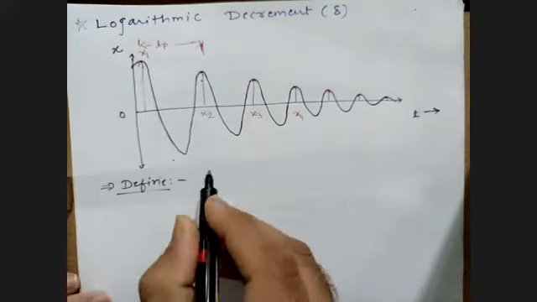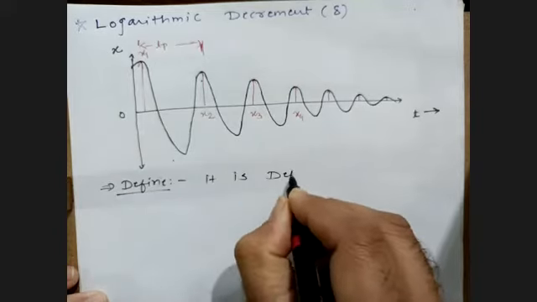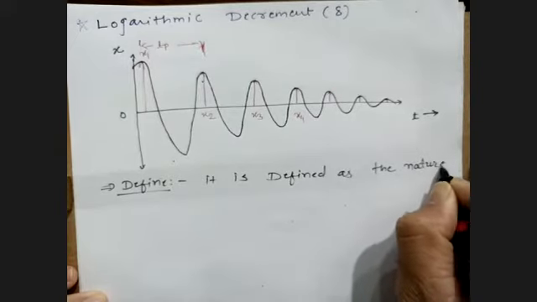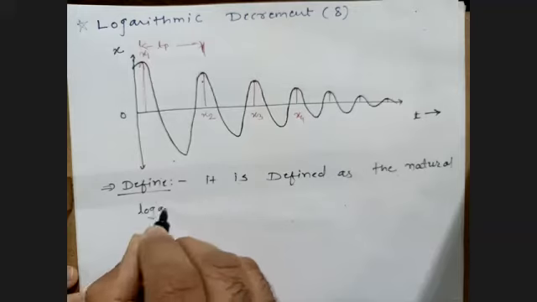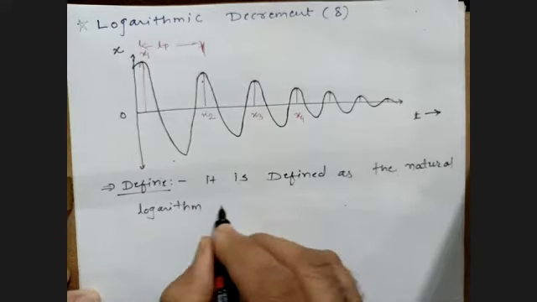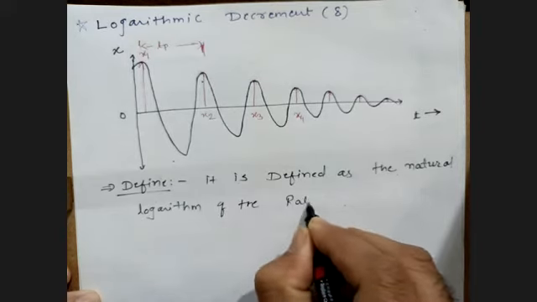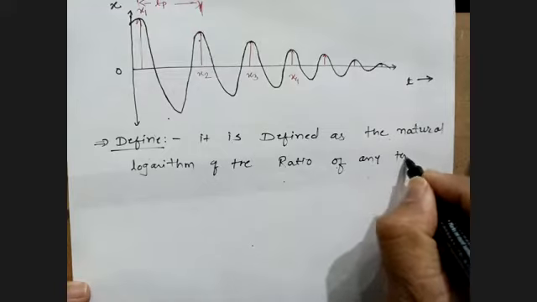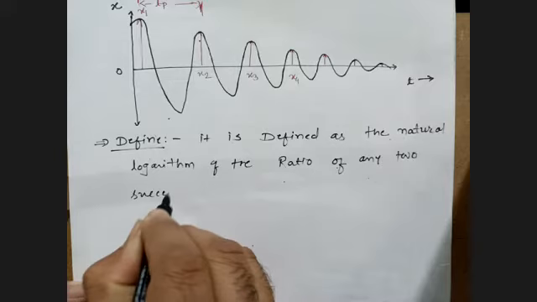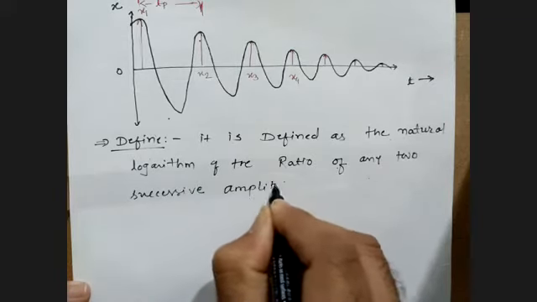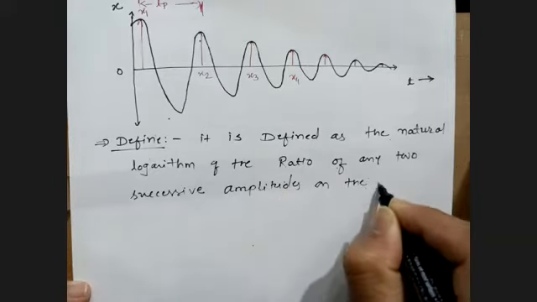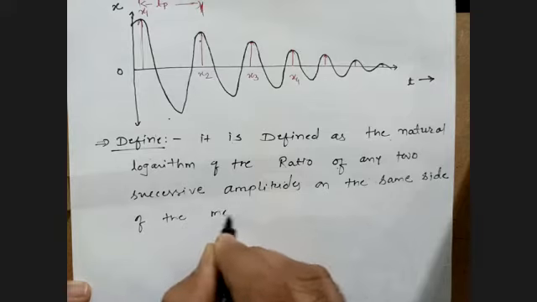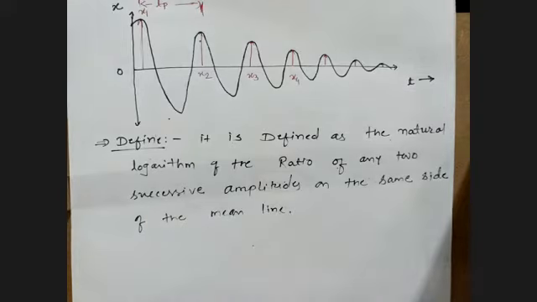It is defined as the natural logarithm of the ratio of any two successive amplitudes on the same side of the mean line. Right? This is what we call logarithmic decrement.